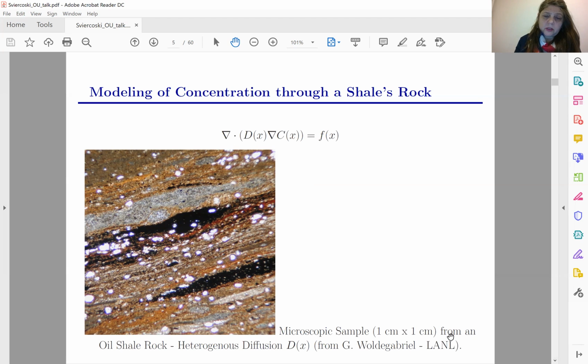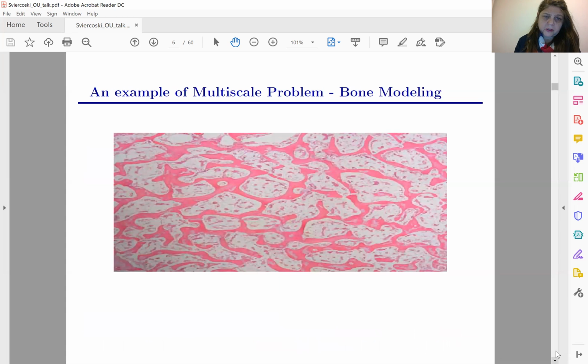When I was working on a project from Los Alamos National Lab and Chevron, we worked in the beginning of the shale, when they were setting up the exploration. I also want to point out that this problem also happens in bone modeling, and I did work on it.